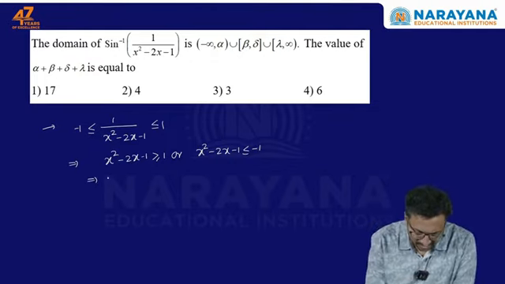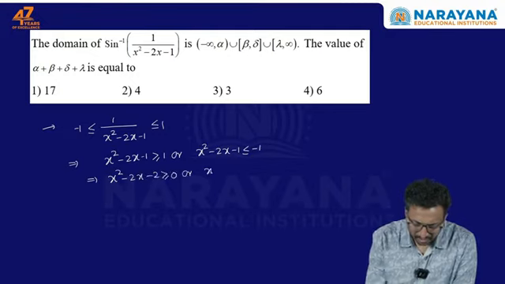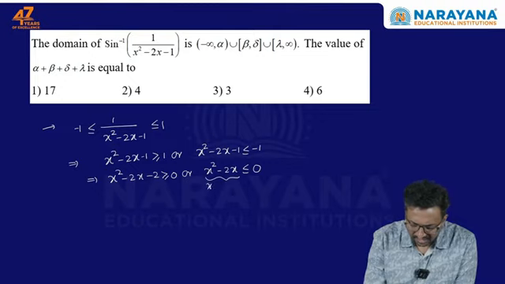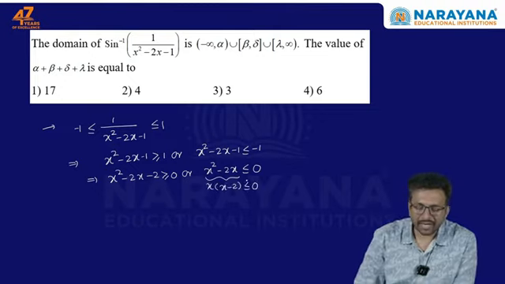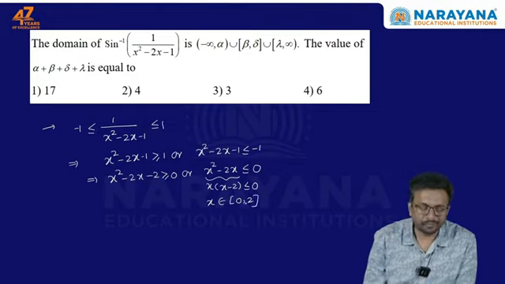So this implies x square minus 2x minus 2 greater than or equal to 0, or x square minus 2x less than or equal to 0. This is quite easy. x into x minus 2 less than or equal to 0. A quadratic less than 0 means x lies between the roots. So x belongs to 0 comma 2.